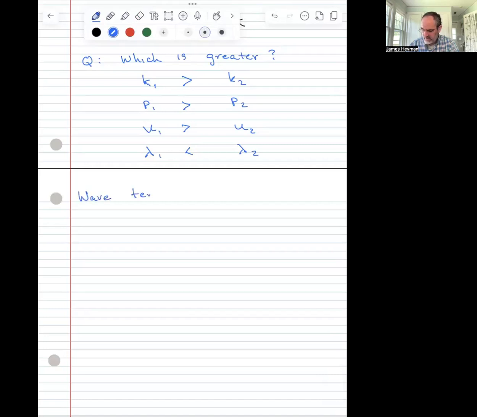Here's some wave terminology. The reflection coefficient for a wave, little r, is the ratio of the amplitude of the reflected wave to the amplitude of the incident wave.